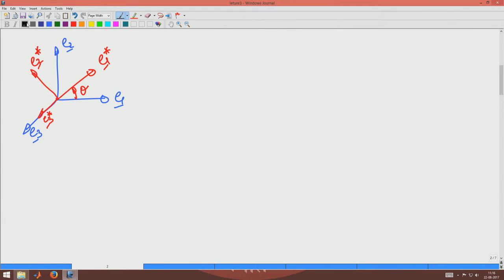So now what is E1 star in terms of E1, E2? I have to project E1 star onto E1, that will be cos theta E1, plus projecting this onto this is 90 minus theta, so it will be sin theta E2. Again E1 star, E2 star, E3 star are of length unity and hence you can write this as this.